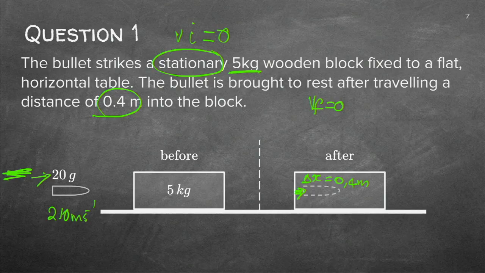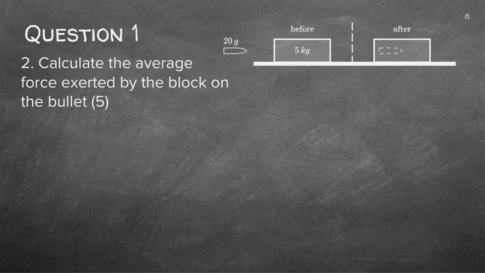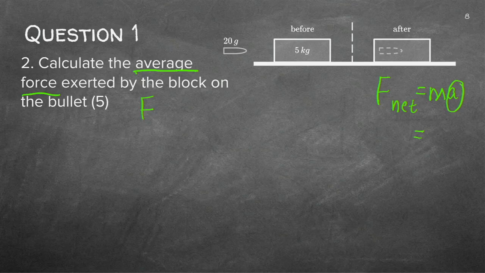So what do they ask me? They asked of me, calculate the average force. So they want me to work out the force. Now, if I want to work out the force, I usually write down Newton's second law. But I do not have the acceleration. I know the mass of the bullet, but how can I calculate the acceleration if I know the following?